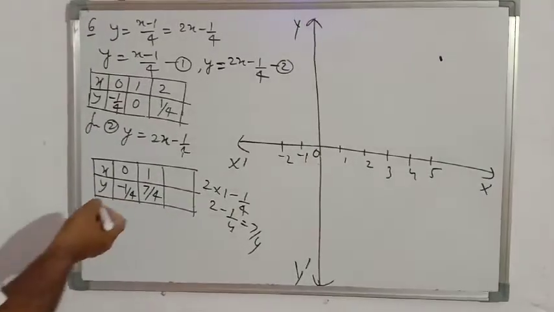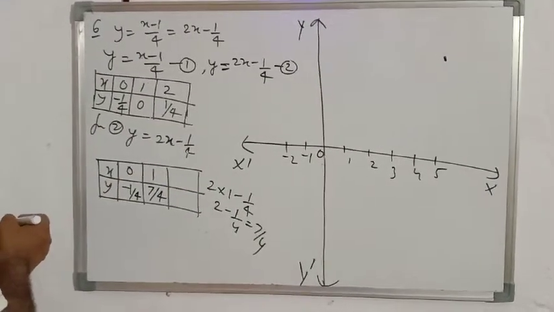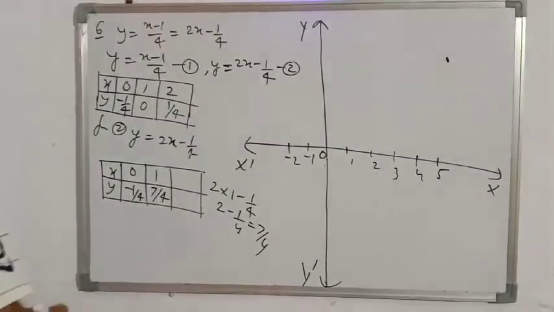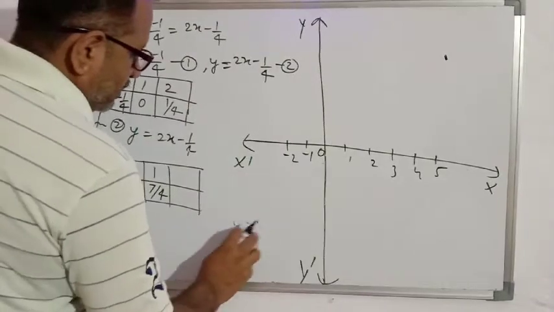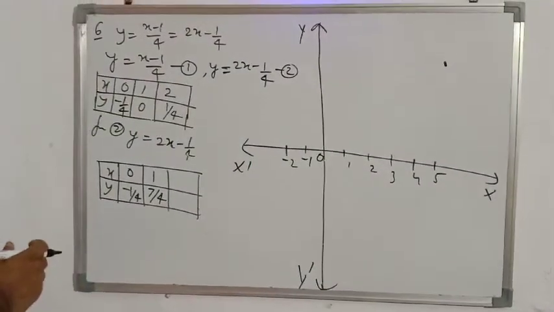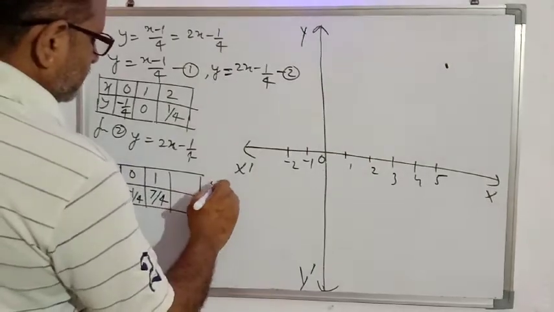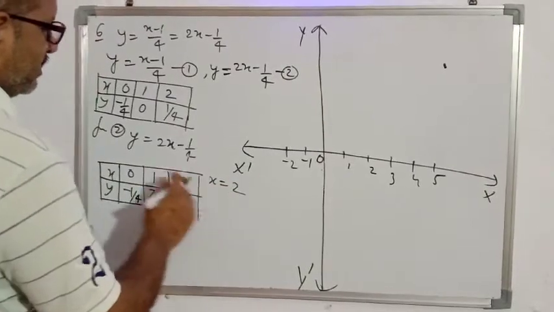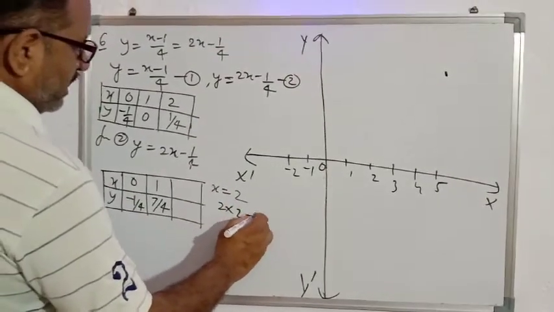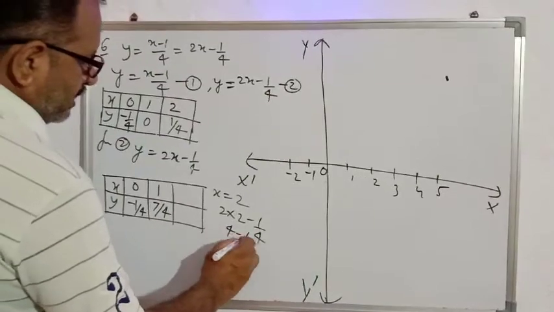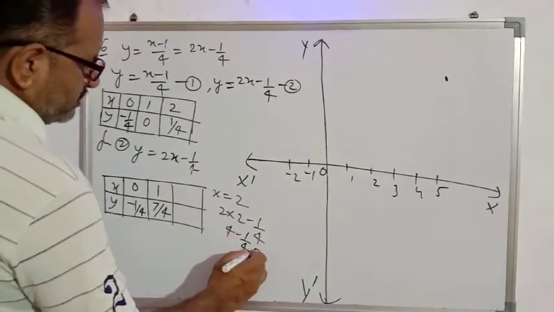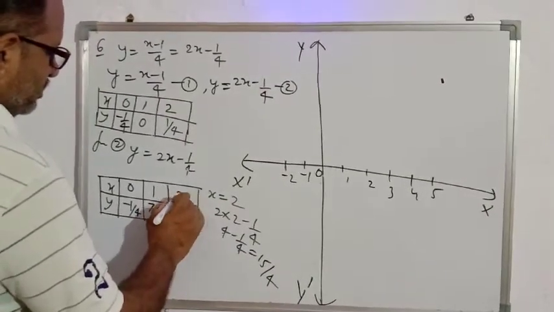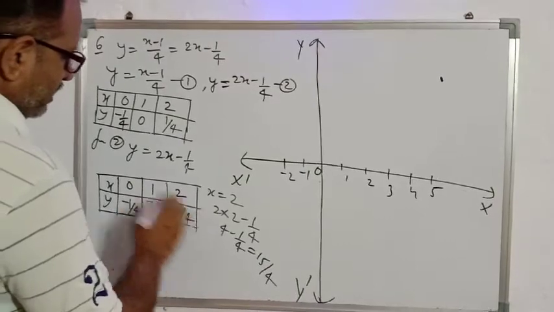And take another value. X is equal to 2, then what will come? 2 into 2 minus 1 by 4, 4 minus 1 by 4, 4 4 is 16 minus 1, 15 by 4. So x is equal to 2, it will be 15 by 4.